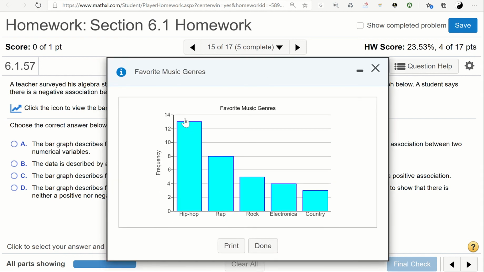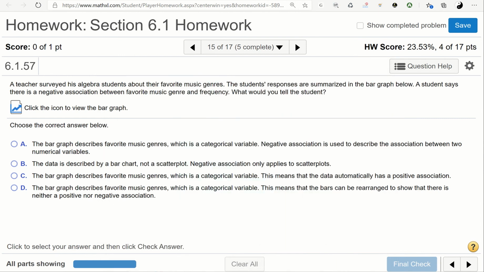And of course, you would tell the student that these are what? These are categorical variables. This is a categorical variable. So you would never make a numerical analysis in that way, right? So basically you only make such kind of conclusions when you're dealing with numerical data.